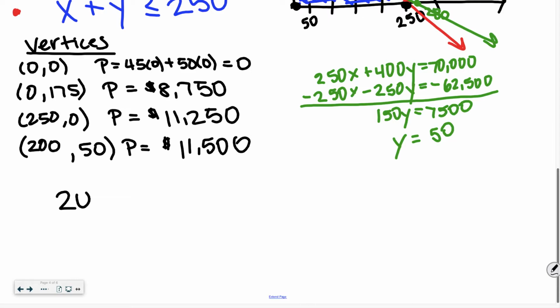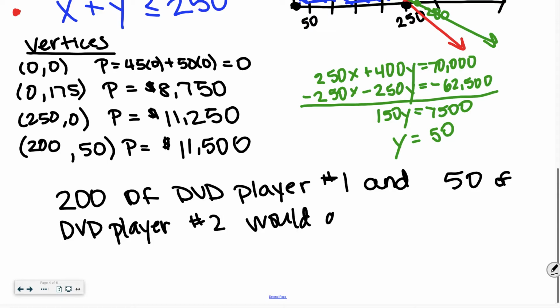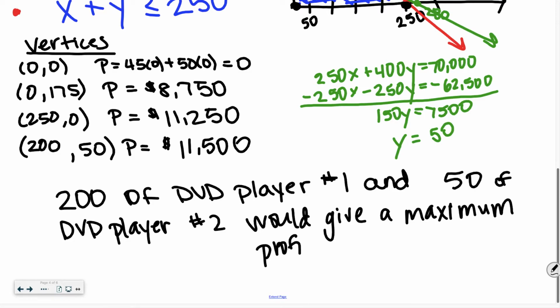So 200 of DVD player number 1 and 50 of DVD player number 2 would give a maximum profit of $11,500.